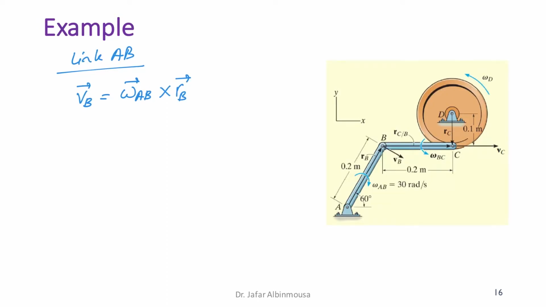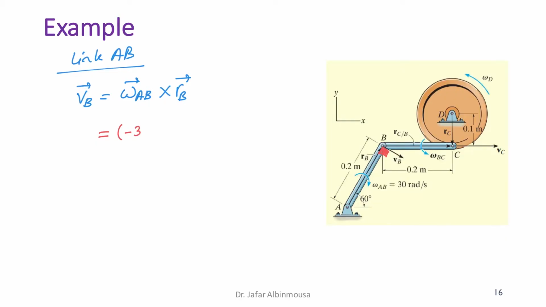So to show you those vectors, we have VB, which has to be perpendicular to AB. So that's VB. And we have omega AB, and the position vector is from A all the way to B. That's RB.